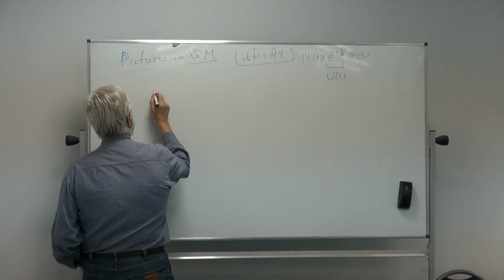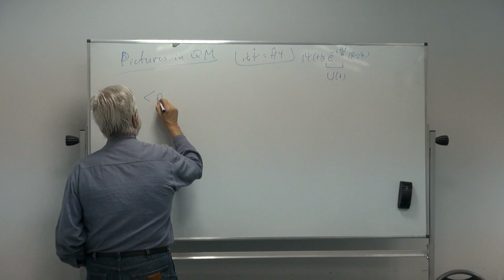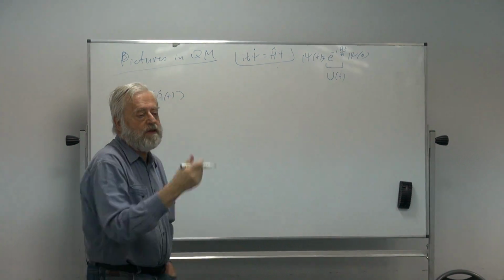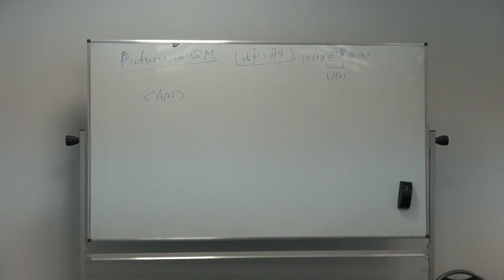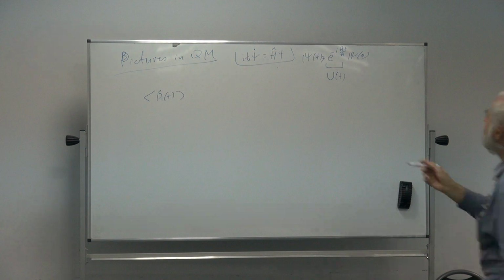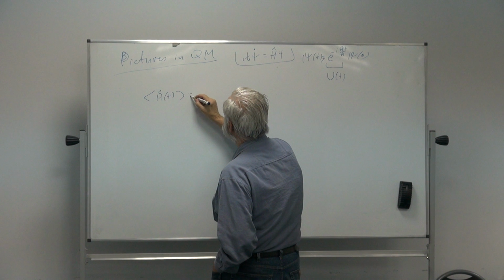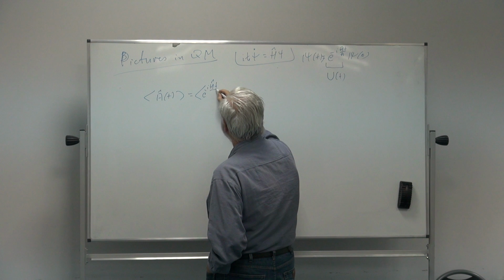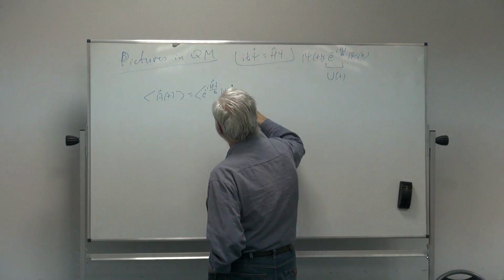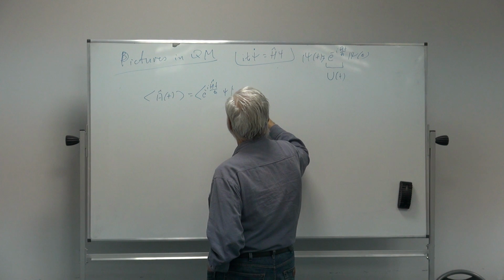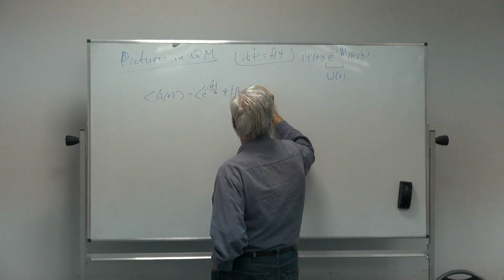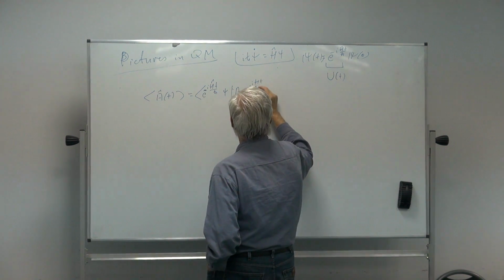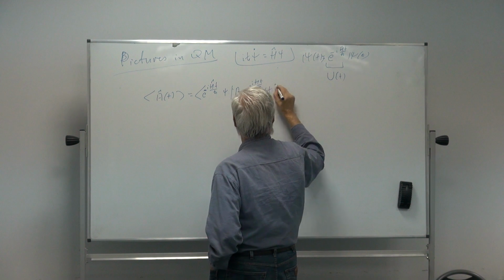However, if I am interested in the way the mean value of some given dynamical operator changes in time, then using this Schrödinger picture, I can write it this way: e to minus i H t over h bar times psi, then A, then e to minus i, I'm sorry, this is minus here, H t divided by h bar times psi.